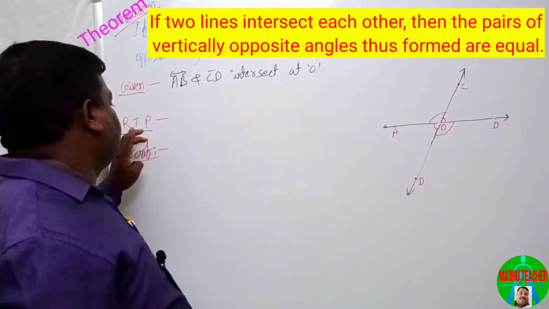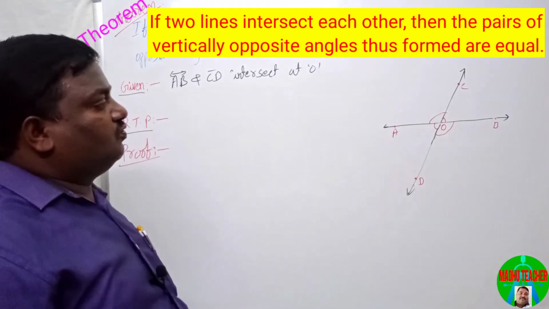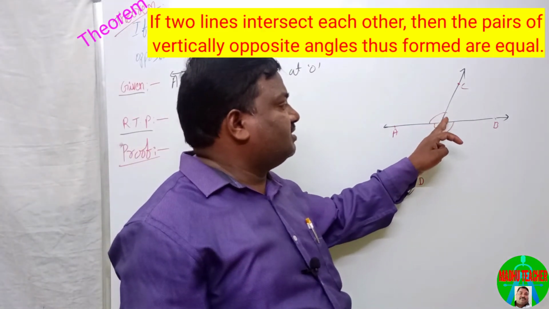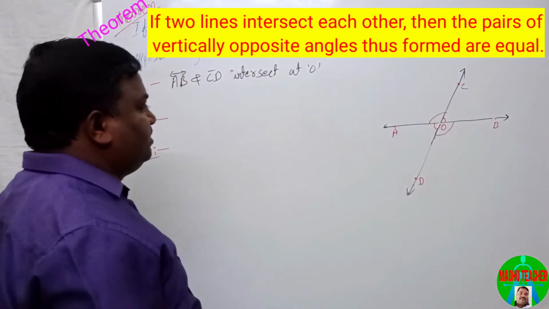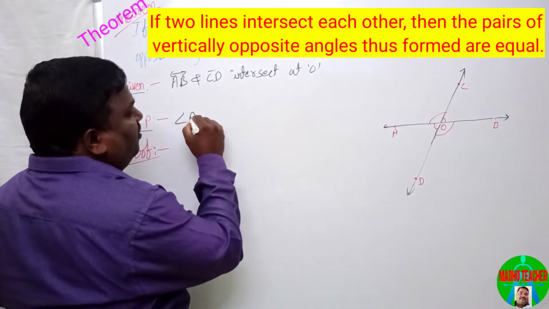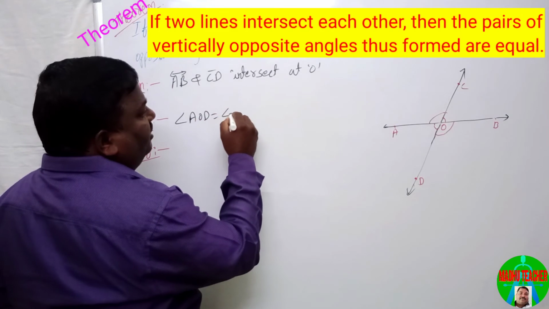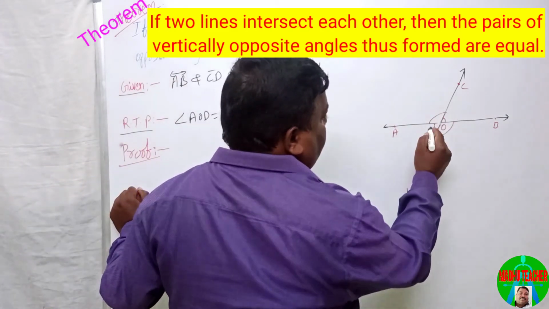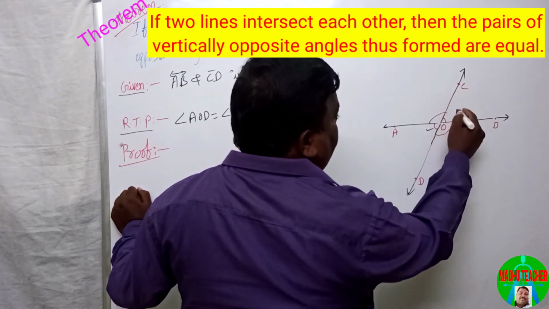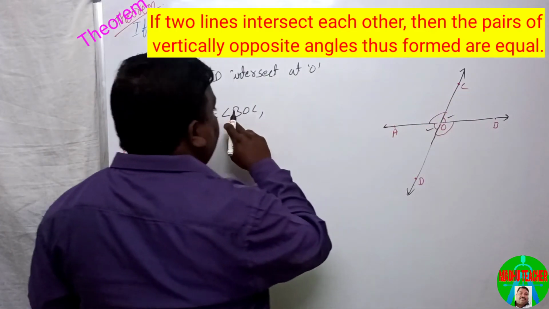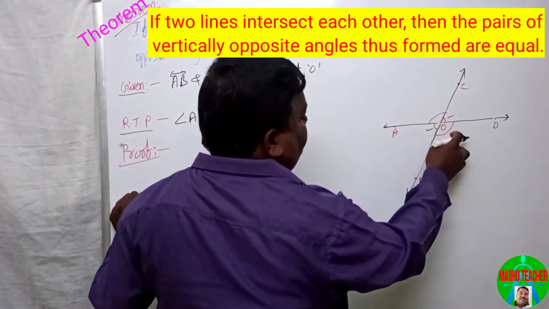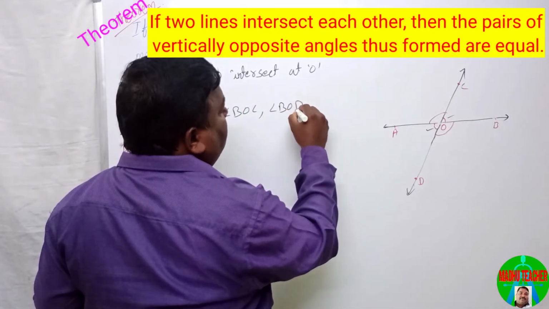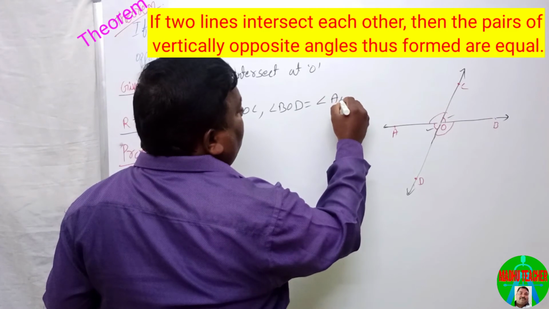What you have to prove is that these pairs of vertically opposite angles are equal. That is, angle AOD equals angle BOC, and angle BOD equals angle AOC.